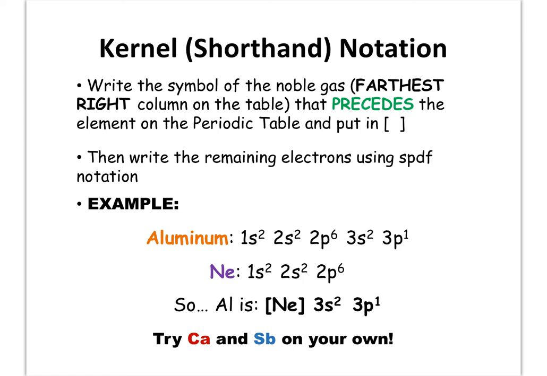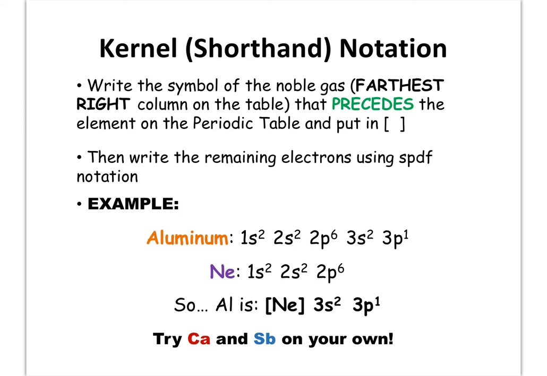We didn't talk about where the noble gases are yet on the table. This is next unit. So I left you a note here that this is the farthest right column on your periodic table. It's the column that goes from helium on down. So helium, neon, argon, krypton, xenon, radon, and so on. Those are your noble gases.